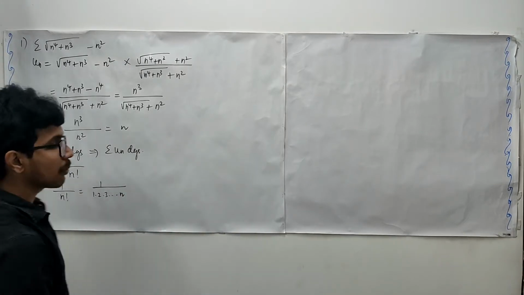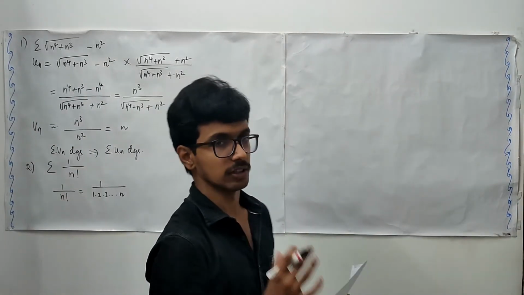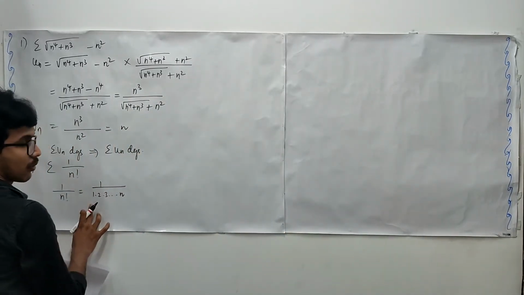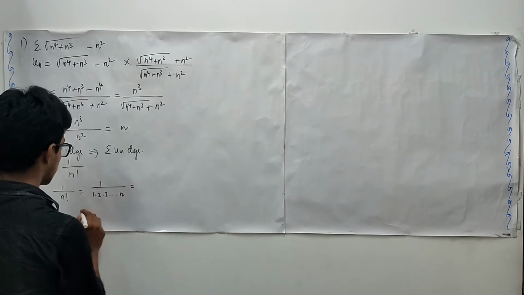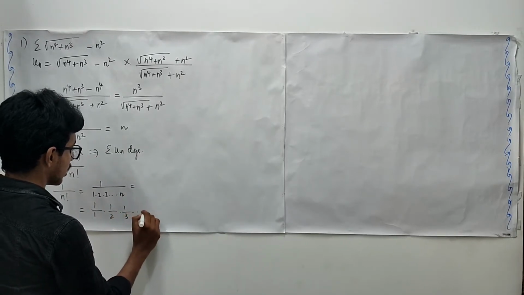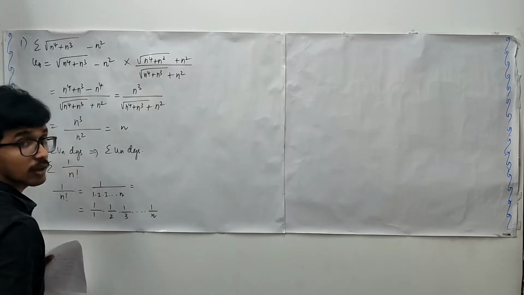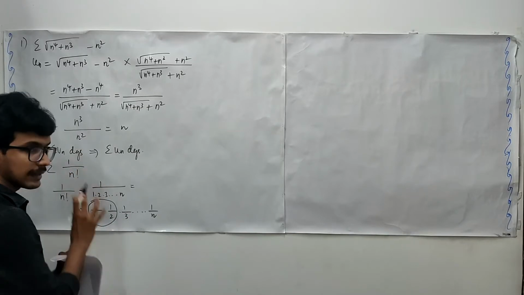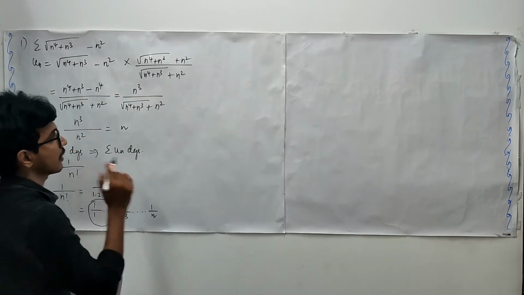I am going to make a comparison of terms. This may also be written as 1 upon 1, 1 upon 2, 1 upon 3, and it goes till 1 upon n. Let me hold these terms and make the comparisons for the other terms.